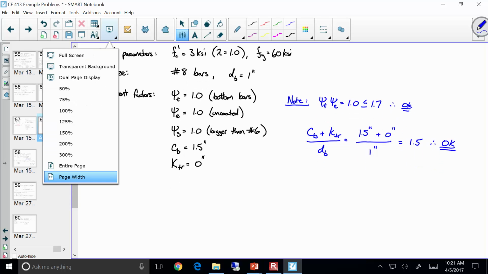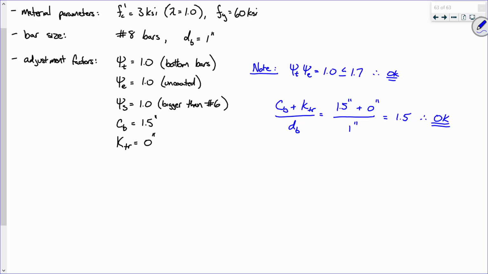Therefore, our development length is 3 over 40 Fy over lambda square root of Fc prime, times, let's see on the bottom, CB, KTR over dB.